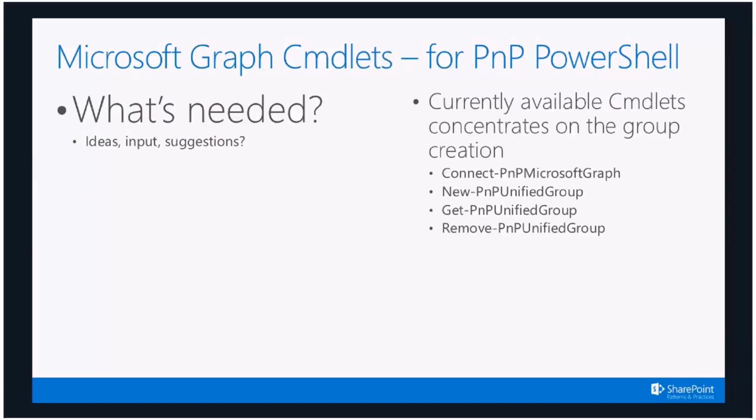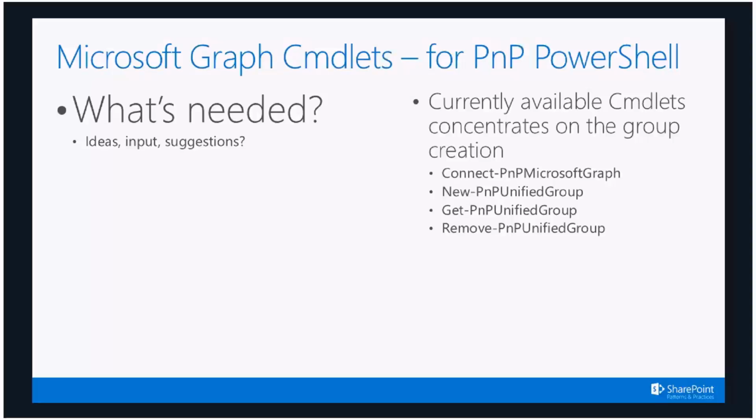There are certain challenges around Graph usage. For example, the Groups API doesn't support app-only access right now, which is a known limitation for modern team site provisioning, and we are working on that one.